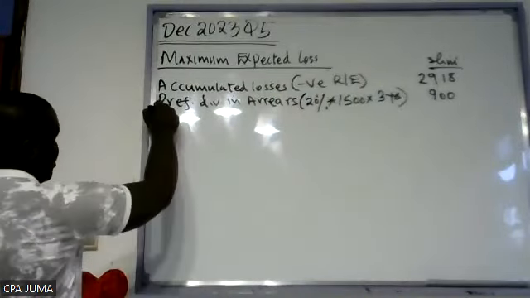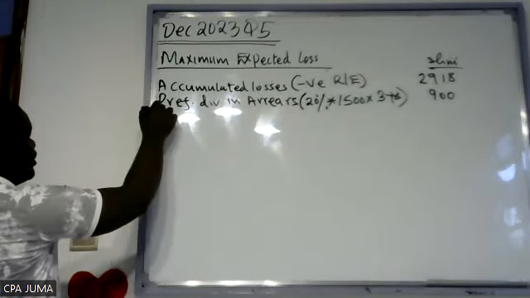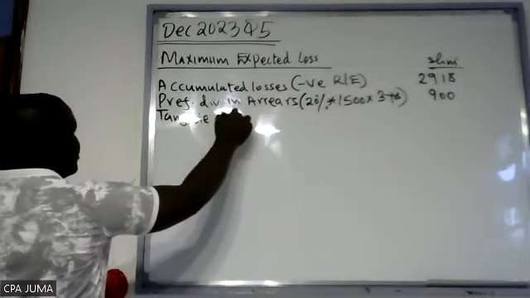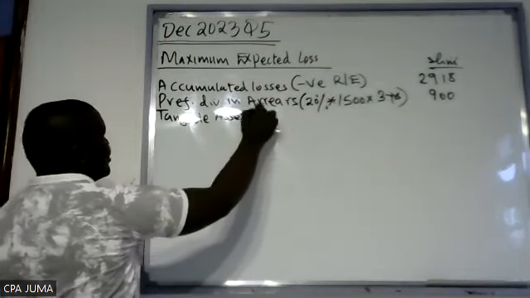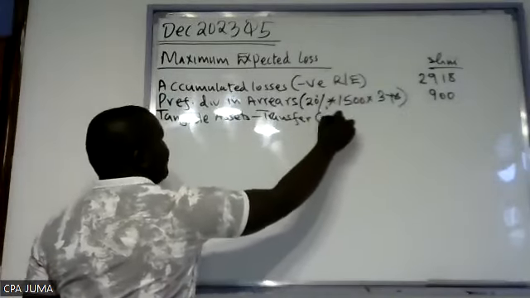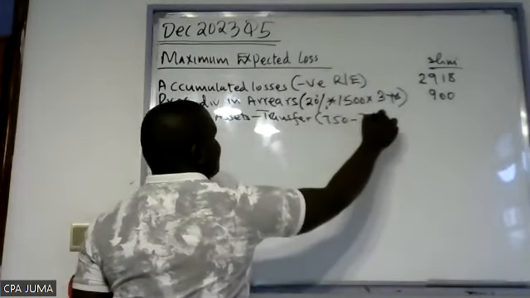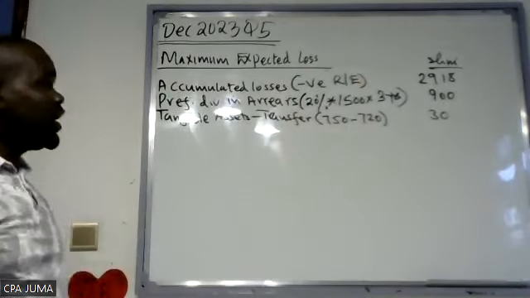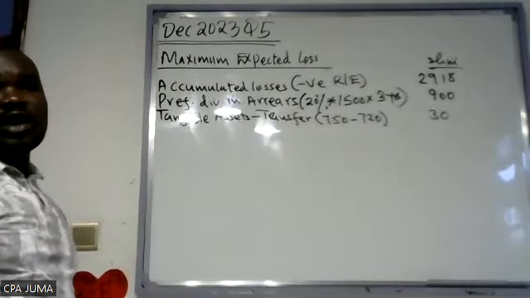One, tangible assets transfer. So on transfer, 750 minus 720, then we have lost. I'm going to make it the other way around, whichever.